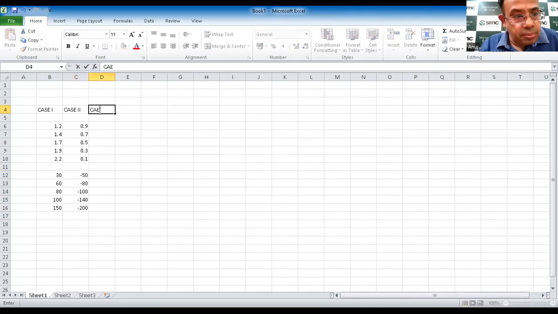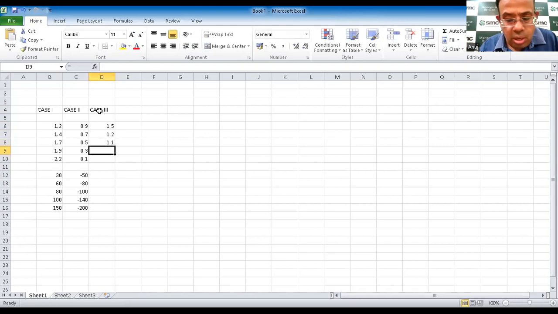The third case is obviously the reversal trade from positive to negative. So 1.5 it opened, then 1.2, then 1.1, then 0.8, then 0.7. This is going from a positive trend to a negative trend.